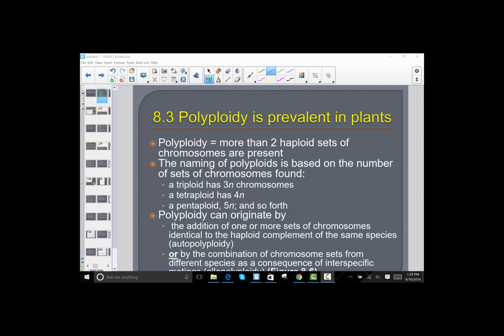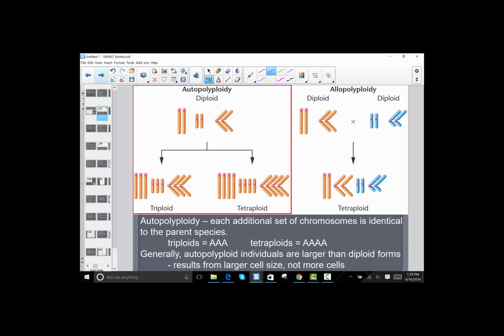Or you can actually have a combination of chromosome sets from different species that are a consequence of interspecific matings. This is allopolyploidy. In this sense, you have different species that are interbreeding, and so you have different sets of chromosomes that are actually available.